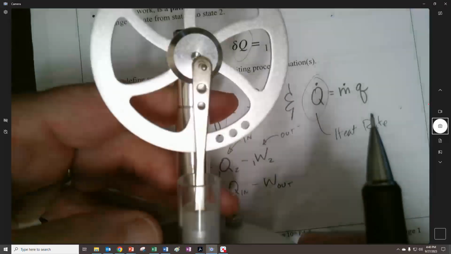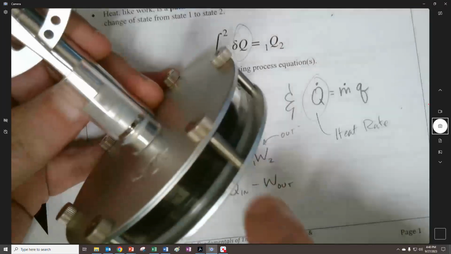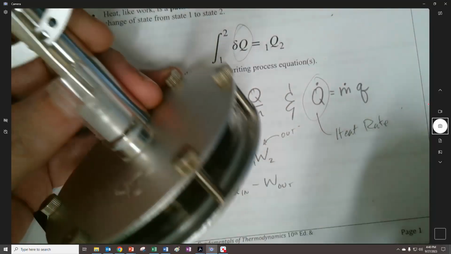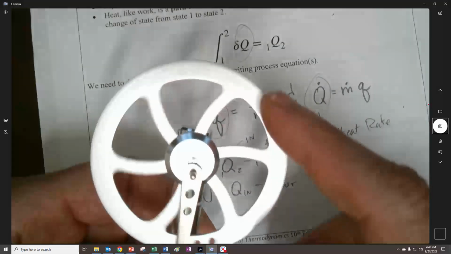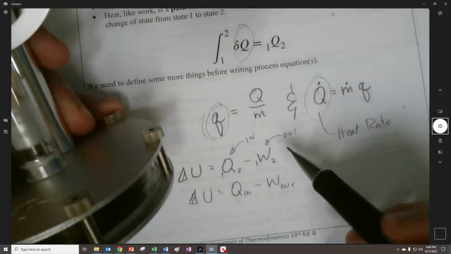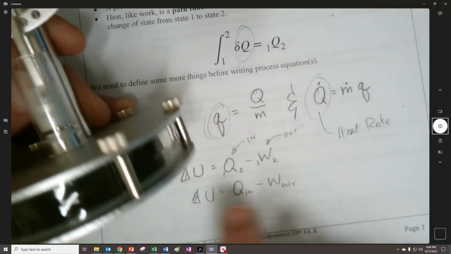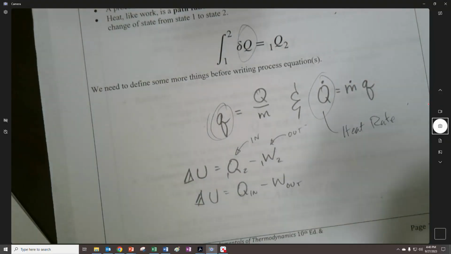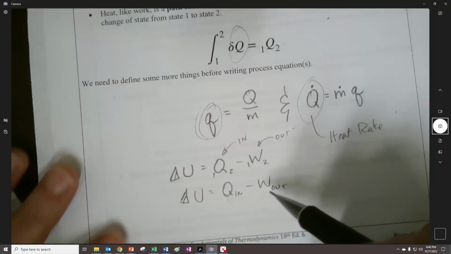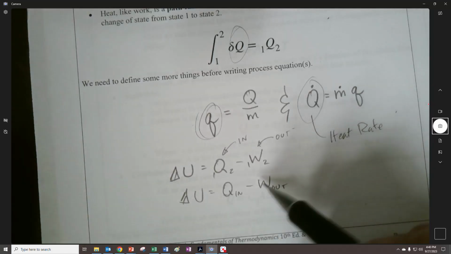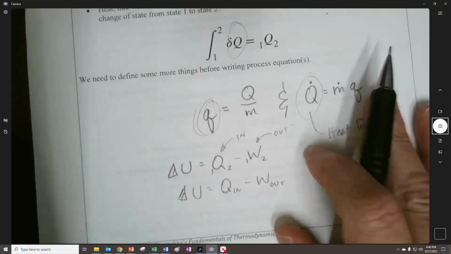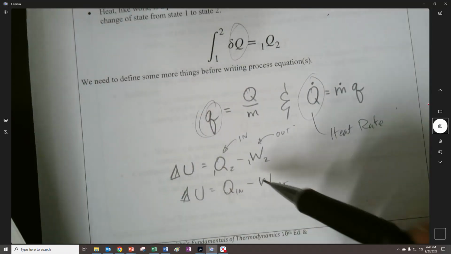They put this on top of the coffee cup, and the difference between temperatures right here, which is what drives heat, that right there, that turns into mechanical work, right? So often it's heat comes in and work goes out. That's like the most typical situation. It doesn't have to be that way. We could put work into a system, and we can take heat out of the system. So just be careful with the signs right there.